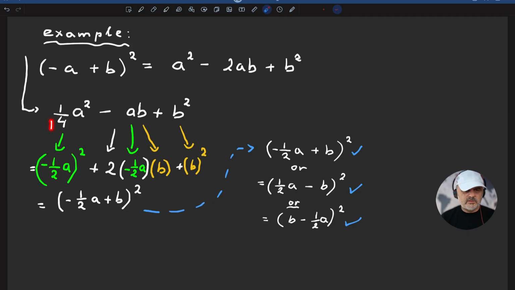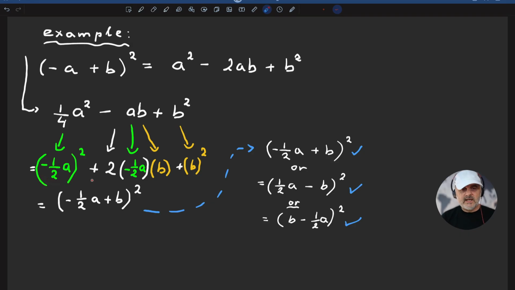So 1/4 is 1/2 squared, but since we have a negative sign, I want this particular coefficient to be a negative number. So negative 1/2 squared is also 1/4. Hopefully that makes sense. And a squared is a times a, therefore the first term is negative half a.